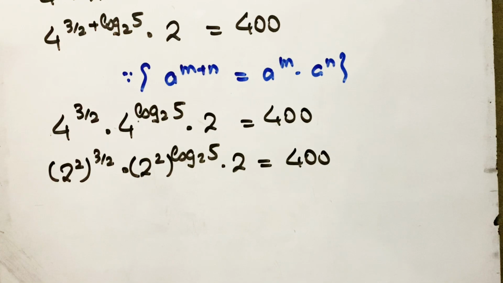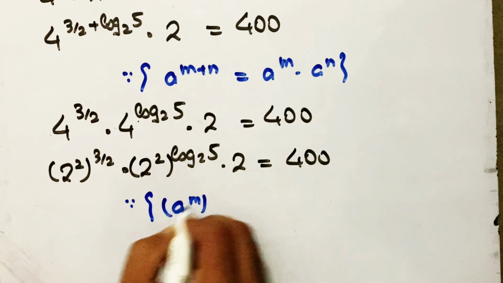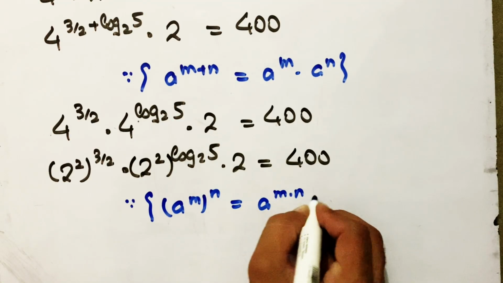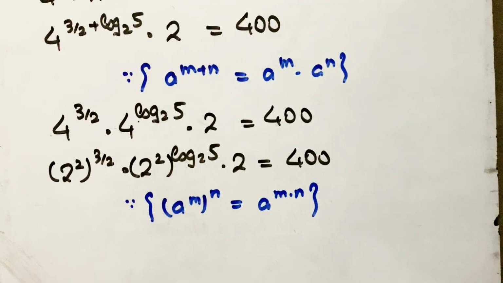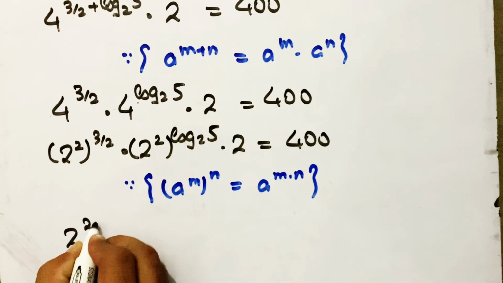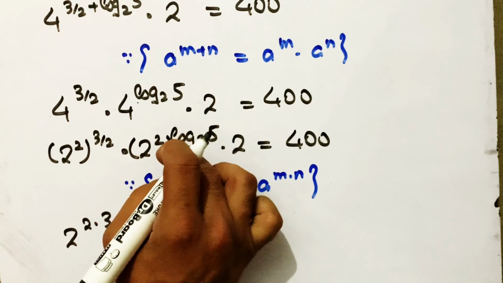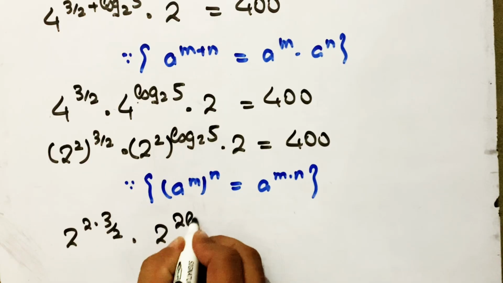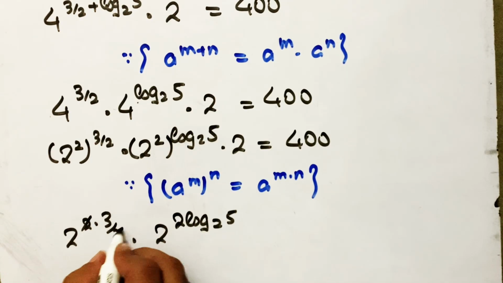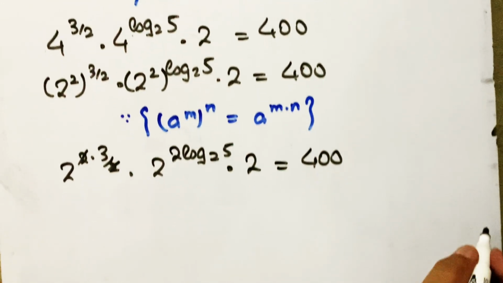Now I use the power of power rule, a to the power of m whole to the power n, which means the powers are multiplied. So our equation becomes 2 into 3 by 2, and 2 multiplied by log base 2 of 5. The 2 and 2 cancel, into 2, equals 400.